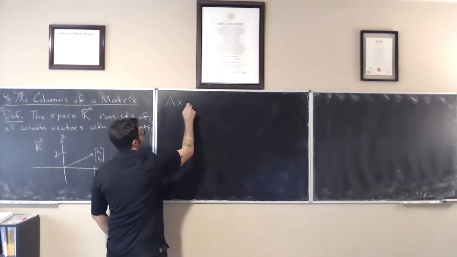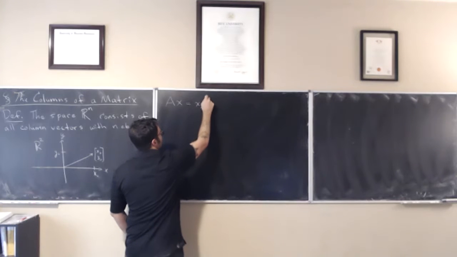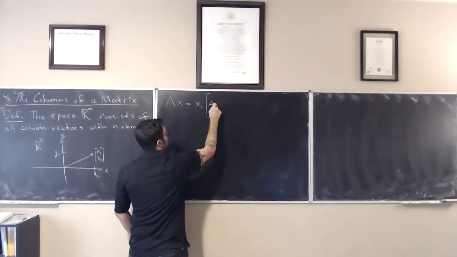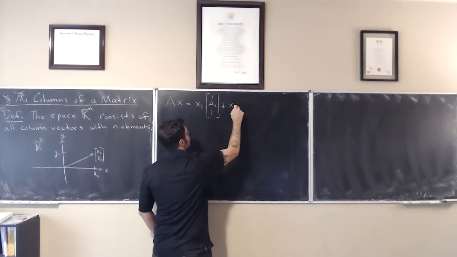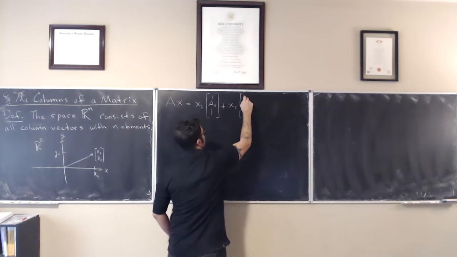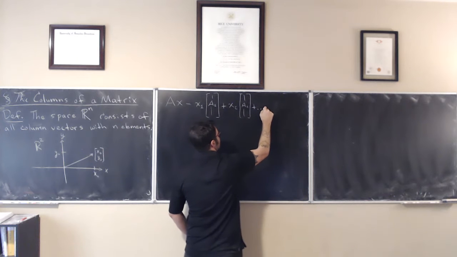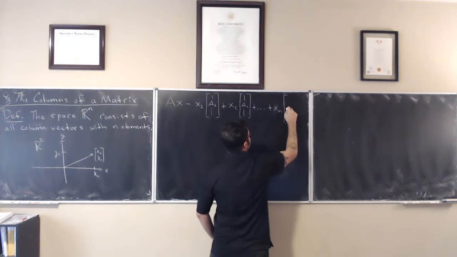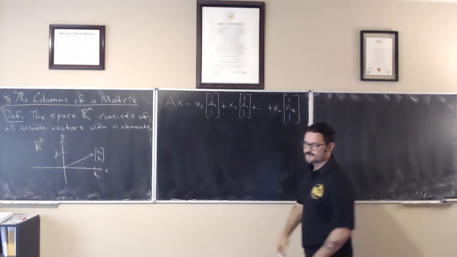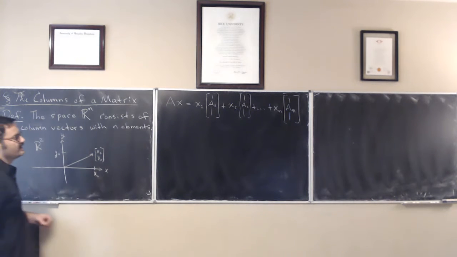So this is like x1 times the first column of the matrix, plus x2 times the second column, plus dot dot dot, plus the nth column, so xn times an. Those are just the columns of the matrix A. So this is a linear combination of the columns of A.